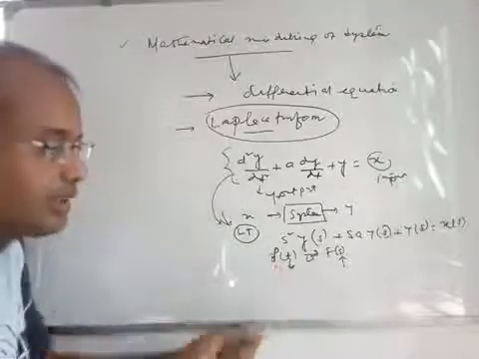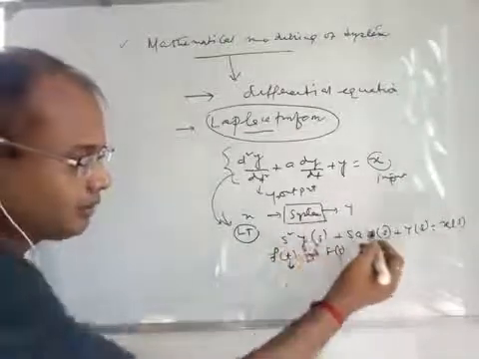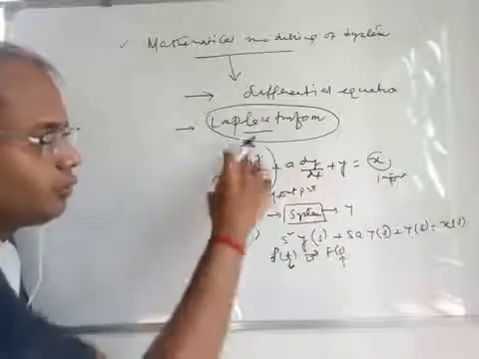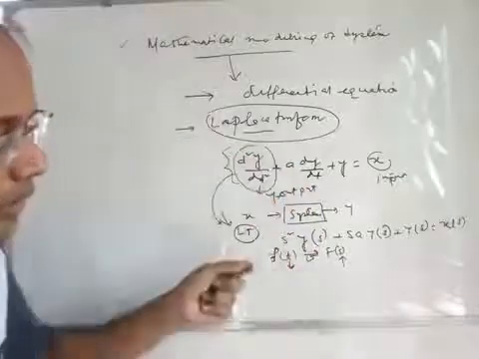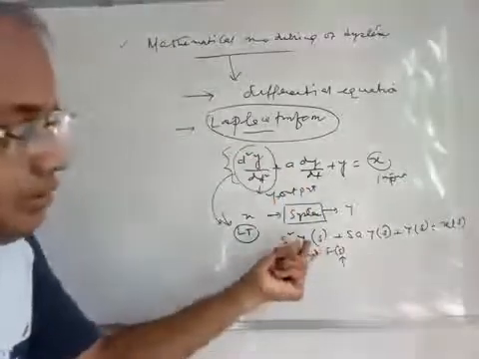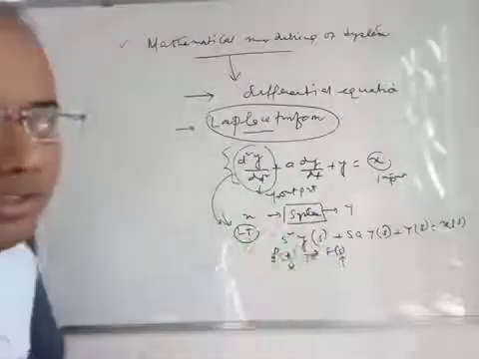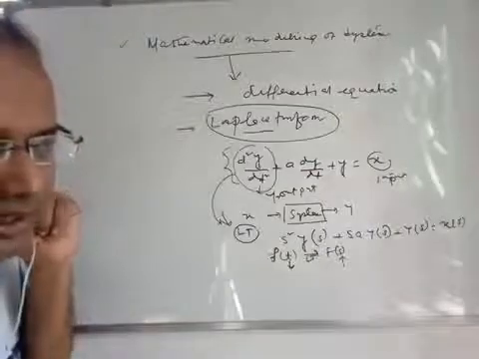So this is a function of s, and you see here, as this is a second order term d2y dt square, the Laplace transform of this term is s square Y(s) plus or minus some y0 element, right? So that is the actual detail about the Laplace transform.